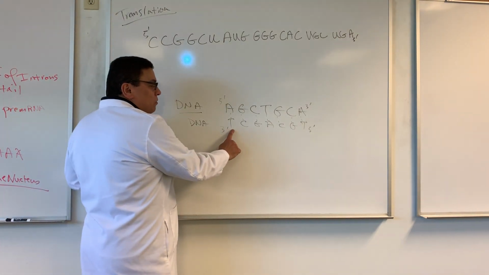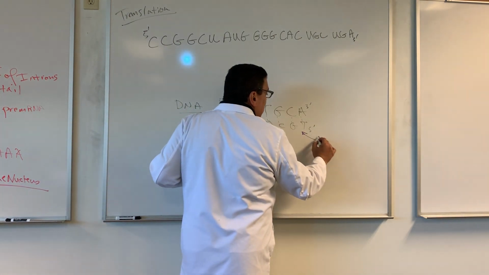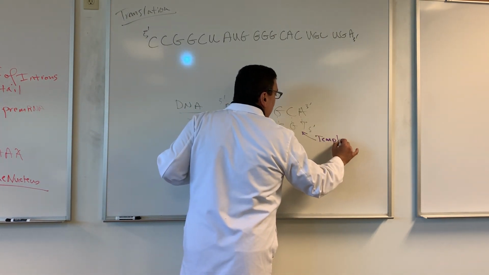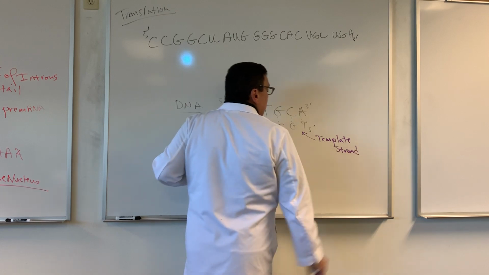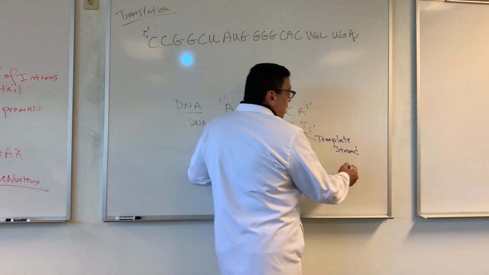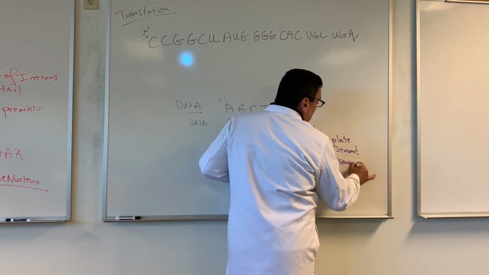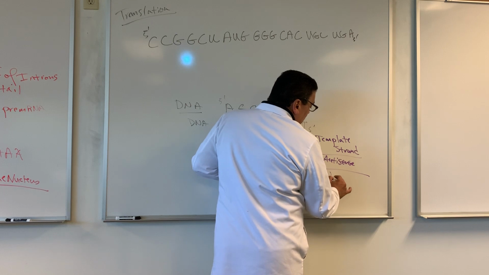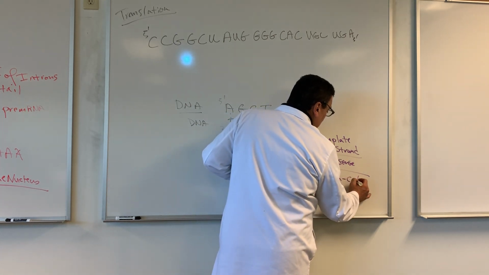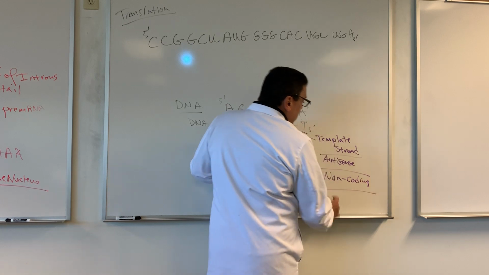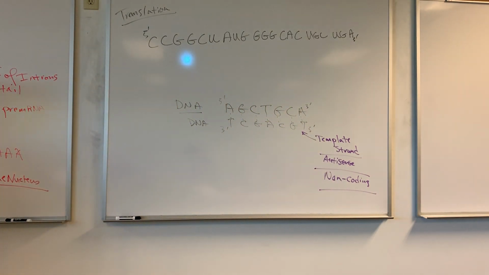It's always gonna be this one, because that one is called the template strand. It also goes by another name called antisense. It also goes by another name called, I mean, how many names do you have to go by? But this one has 3 of them, non-coding. So the template strand is the same as the antisense, which is the same as the non-coding.